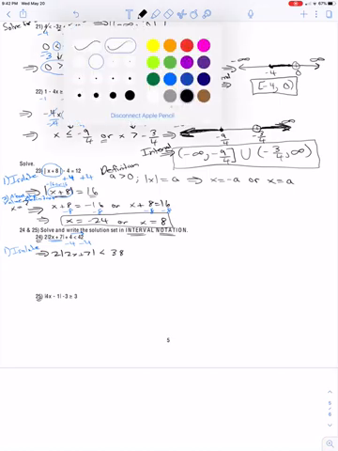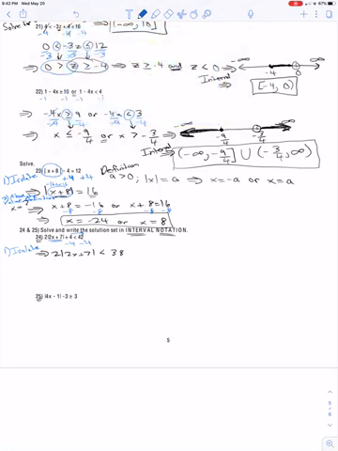And then we still have a 2 sitting out in front as a coefficient, so we need to divide that 2 out. As we do that, we finally have the absolute value term isolated: the absolute value of 2x plus 7 less than 38 divided by 2, which is 19.